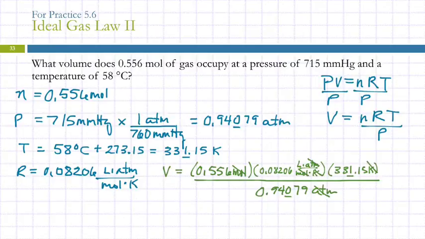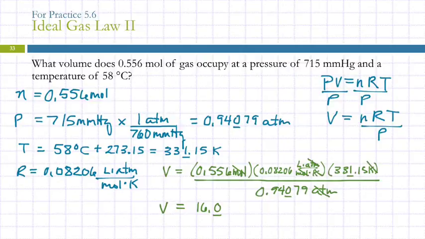So I'm going to do the math, 0.556 times 0.08206 times 331.15 divided by 0.94079. How many sig figs will this answer have? 3. So there's 3.